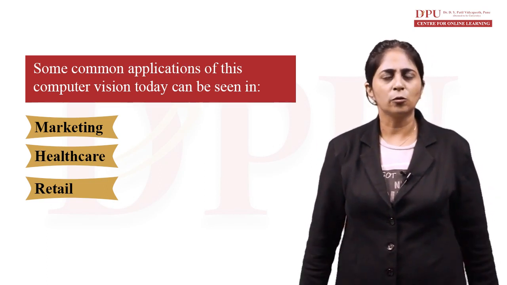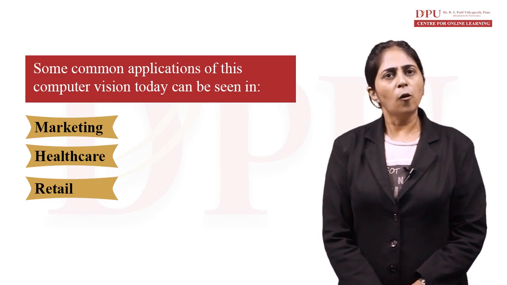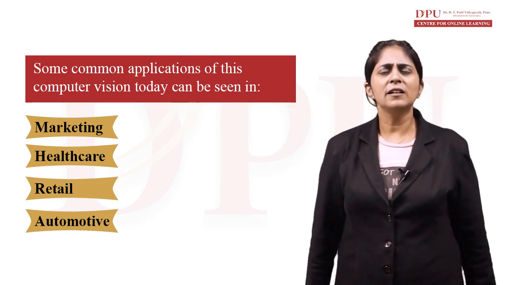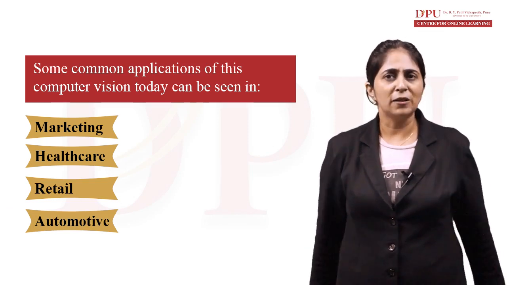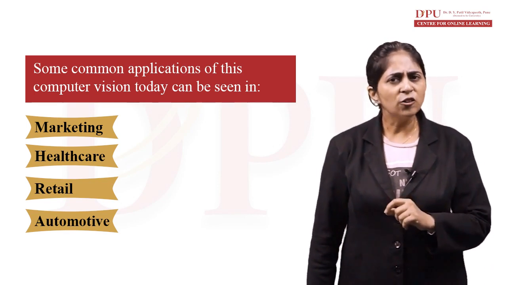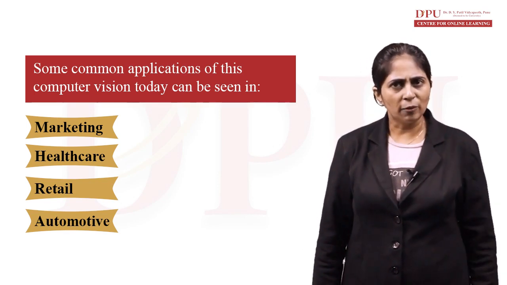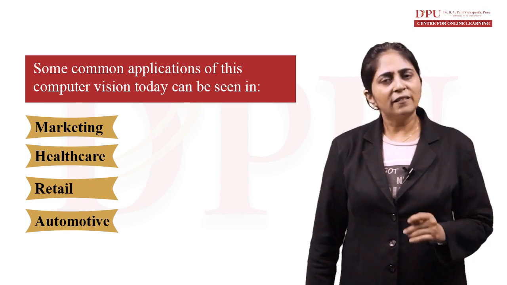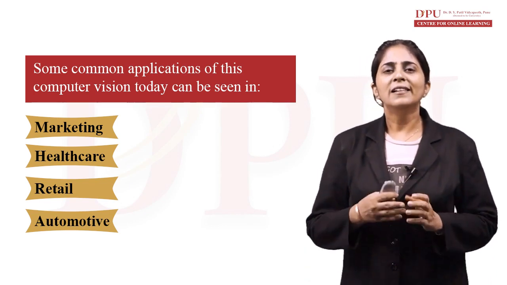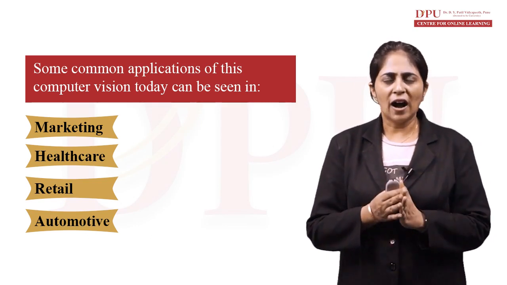Then automotive. Today, while the age of driverless cars has not yet emerged, the underlying technology has started to make its way into automobiles, improving driver and passenger safety through features like lane line detection.